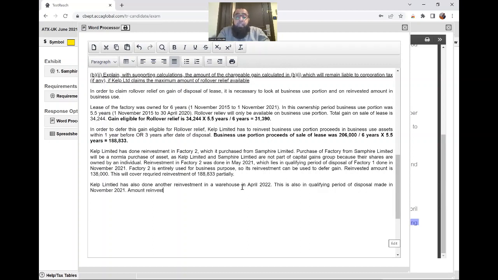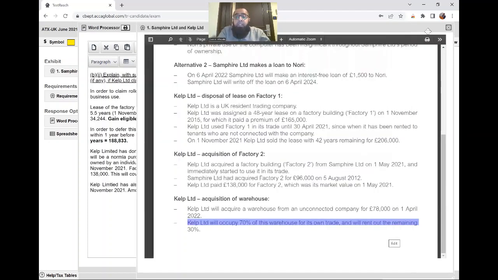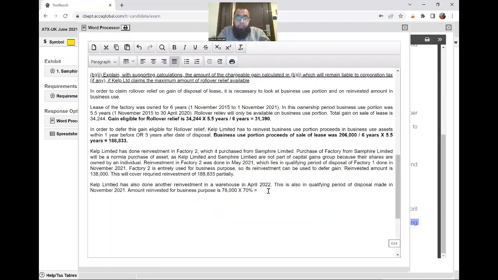Amount reinvested for business purpose is 78,000 times 70%, because it is stated that 70% will be used for business. So it's 54,600.